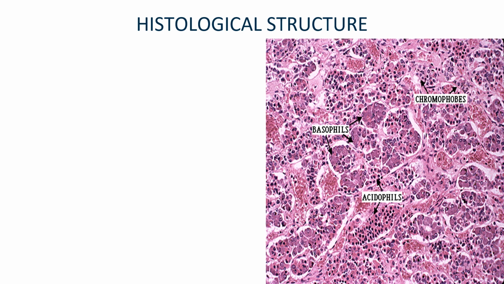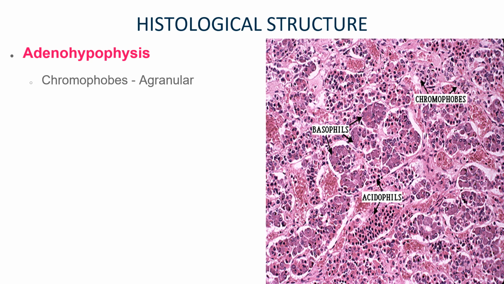Histological structure of the pituitary gland. Adenohypophysis: the pars distalis consists of cords of cells separated by fenestrated sinusoids. The cells can be divided into two main types, that is the chromophobes and the chromophils.